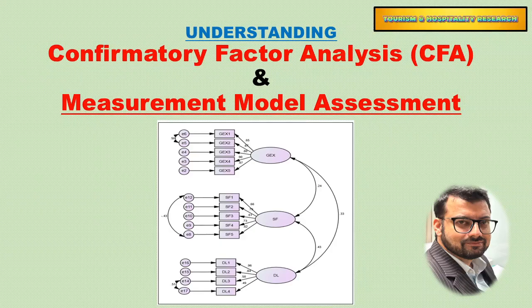And the model which you see right here in this picture is a measurement model, wherein the three constructs of the study named GX, SF and DL have their own indicators, which are the respondent responses on particular questions.